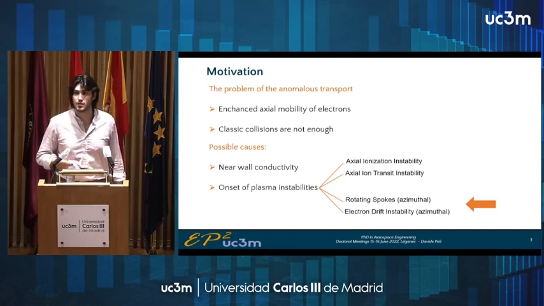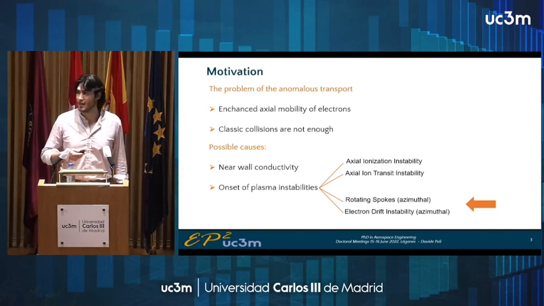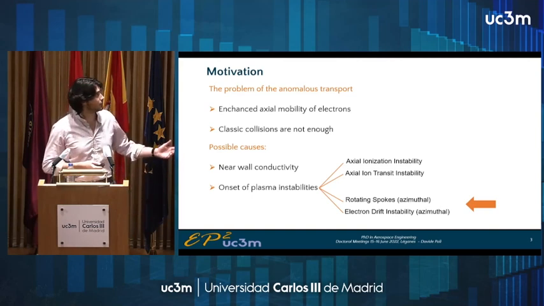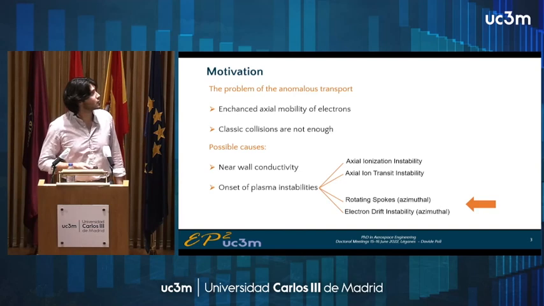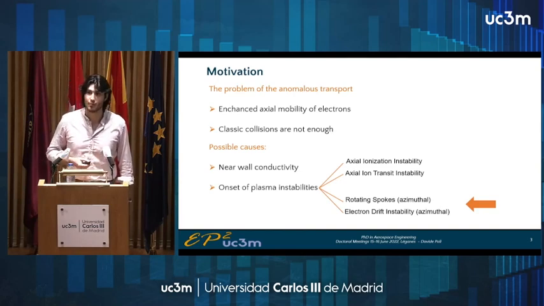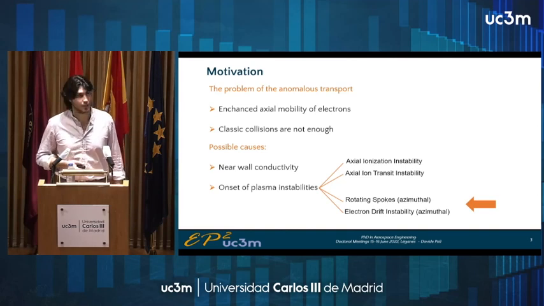The motivation behind my thesis is the fact that in spite of Hall thrusters being used for many years in space, we still don't know many things. And as you've learned today, one of those things is the anomalous transport, the enhanced axial mobility of electrons, which cannot be explained through classical collision theory.